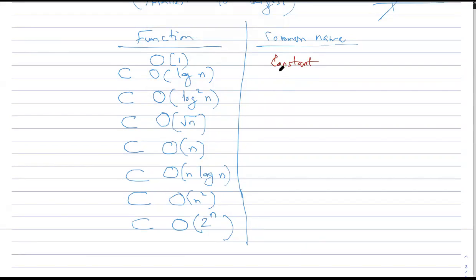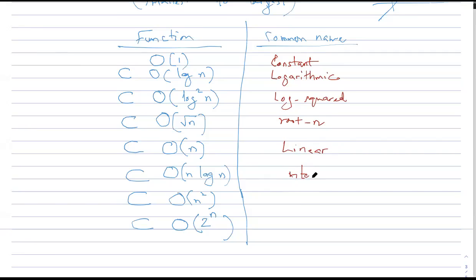When it's log n, this is called logarithmic time. This is log squared. This is root n time. This is linear. This is n log n. This is typically just called n log n.